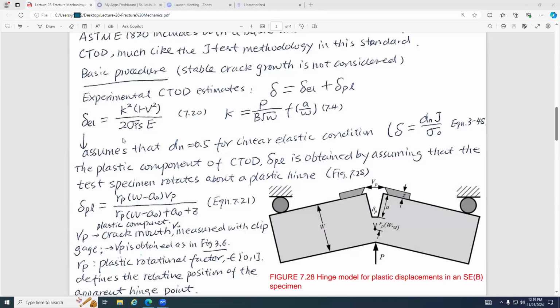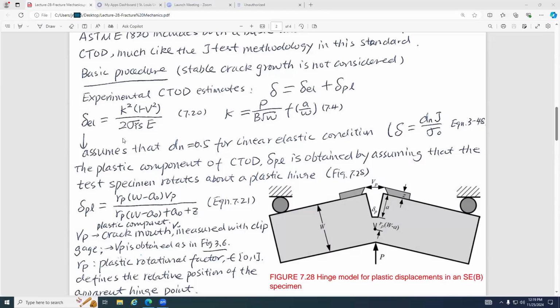And how to calculate the K? We have this equation, okay? P is the applied load, B is the thickness, and W is the width of your specimen, multiplied by a polynomial in terms of the ratio of crack length to the specimen's width.